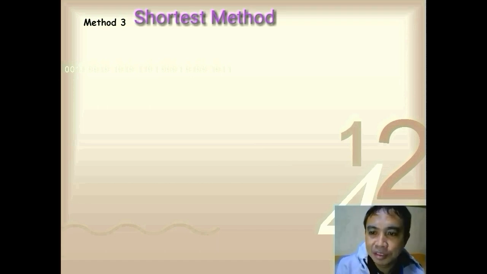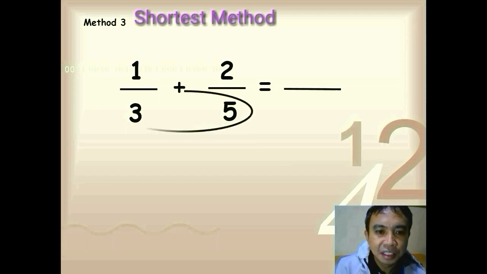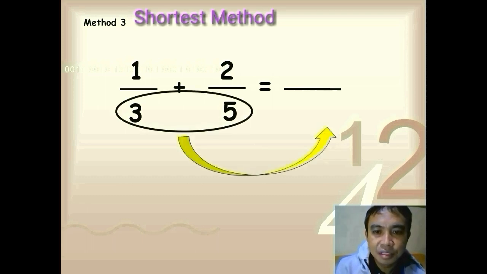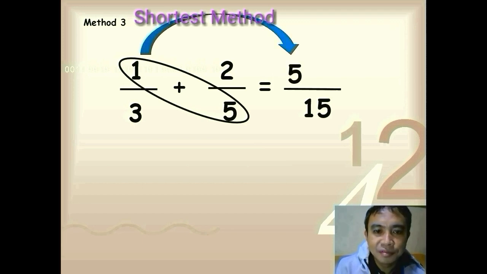Say for example, 1/3 plus 2/5. We will first multiply the denominators. 3 times 5, we have 15. Now next step, cross multiply. 1 times 5, you have 5.